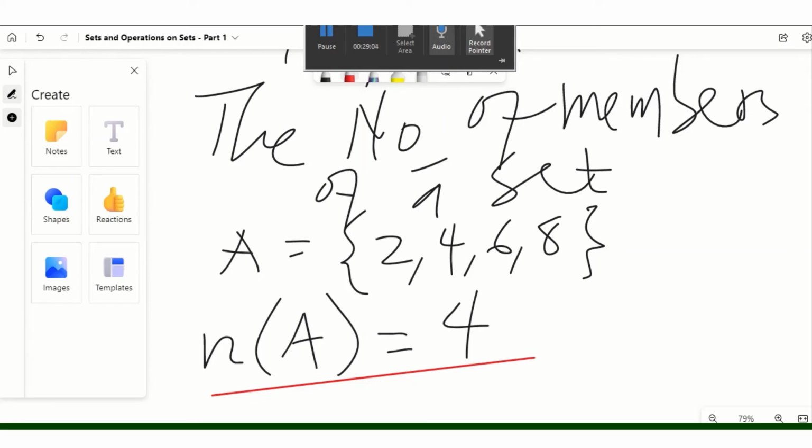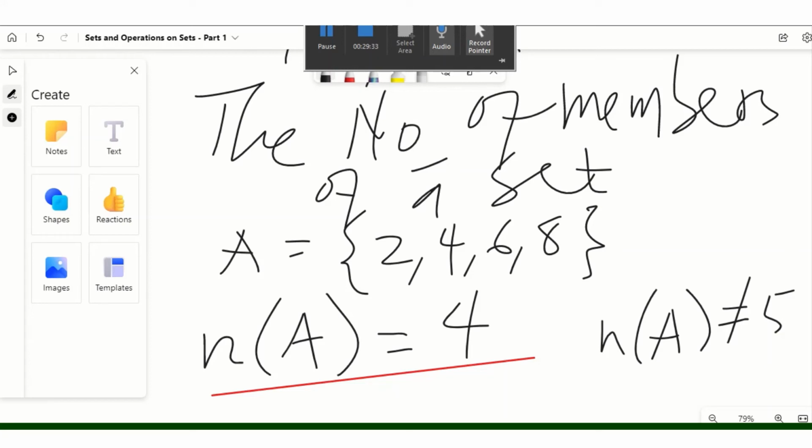Alright, so you can also write it like this. Remember we said that when you have a sign and it is crossed like this, usually with the cross we say it's not. So let's say we write N(A) is not equal to 5.